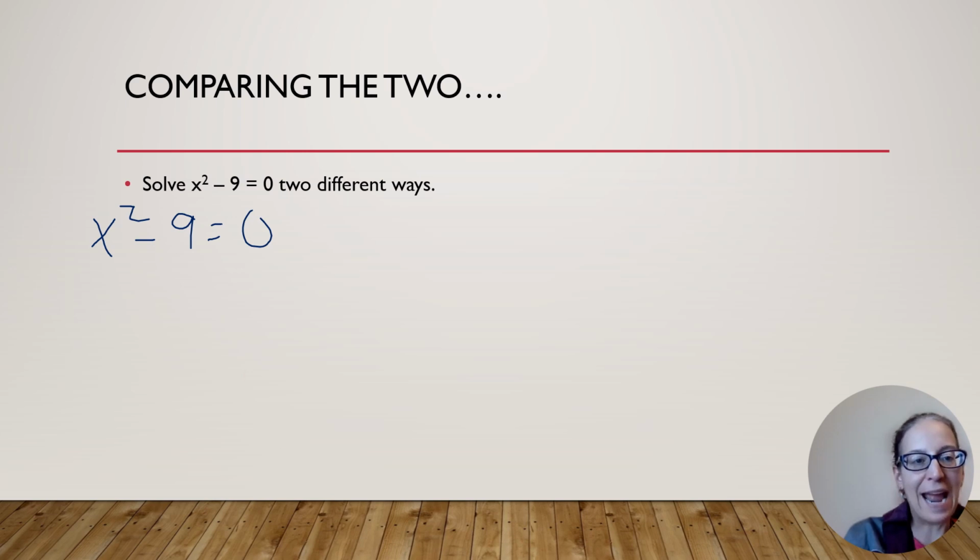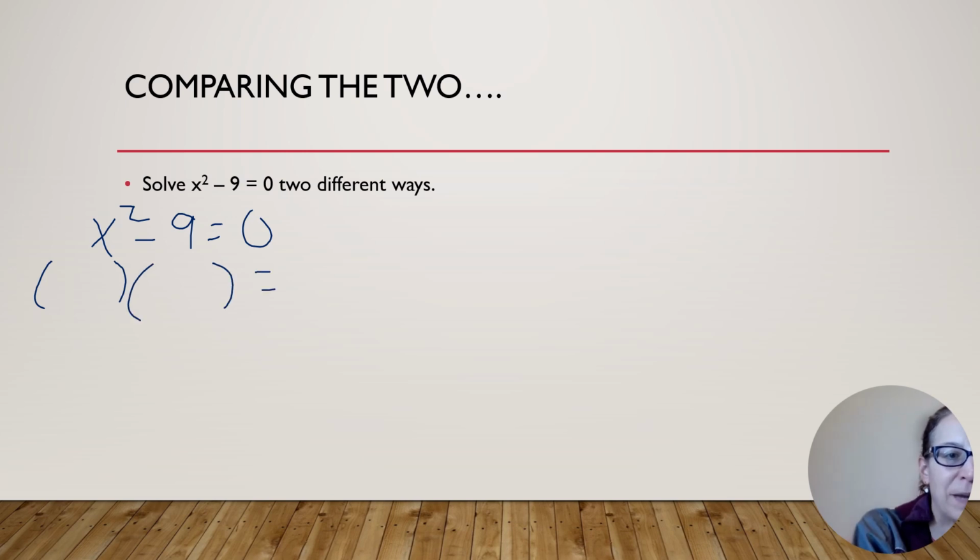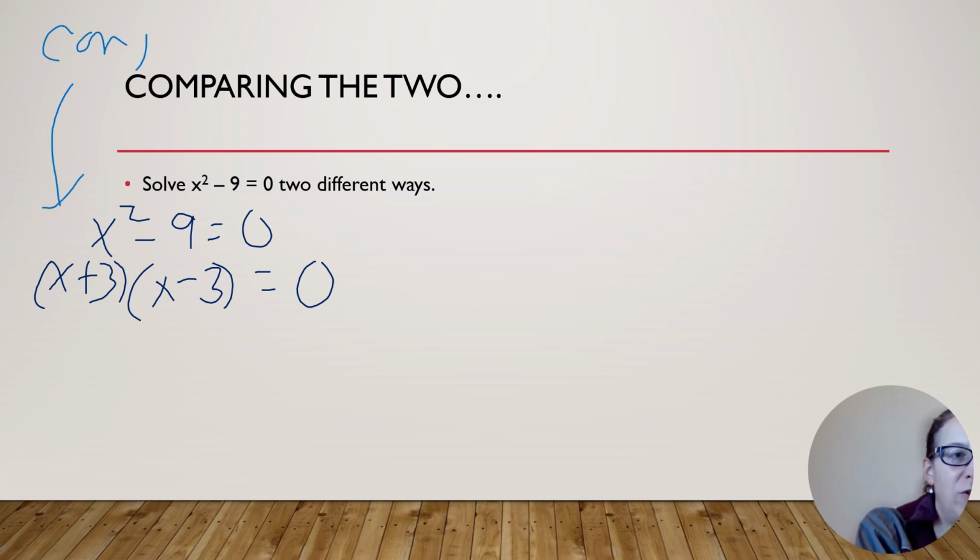These factor according to a pattern, the a plus b, a minus b. So x plus, and then you think, well, what times itself would give me 9? That would be 3. And then x minus 3. The vocab word for that is conjugate.